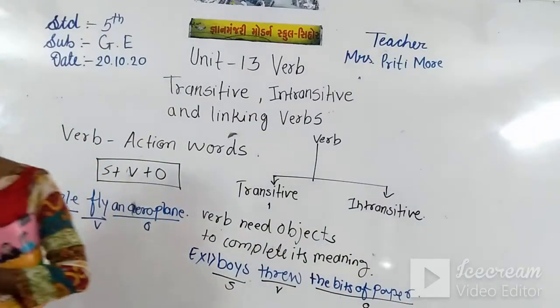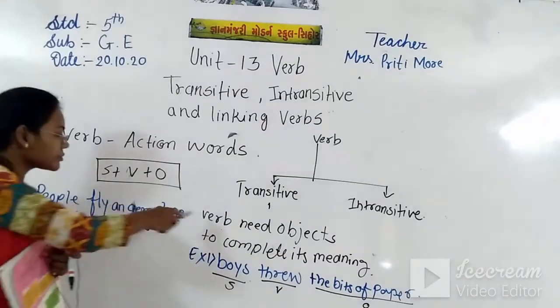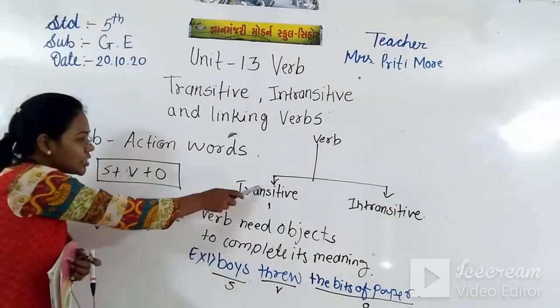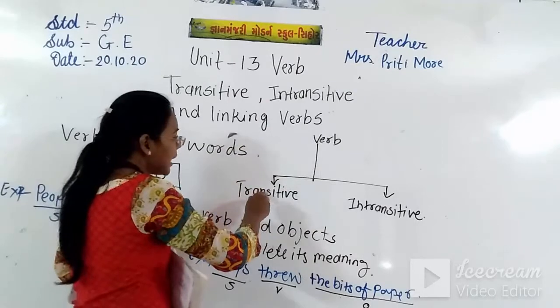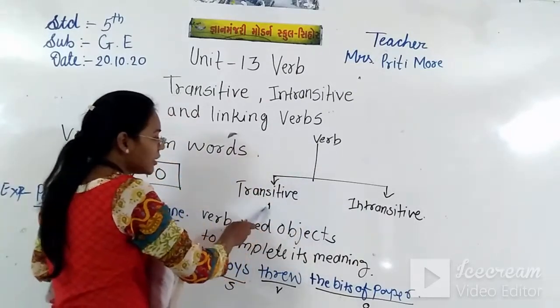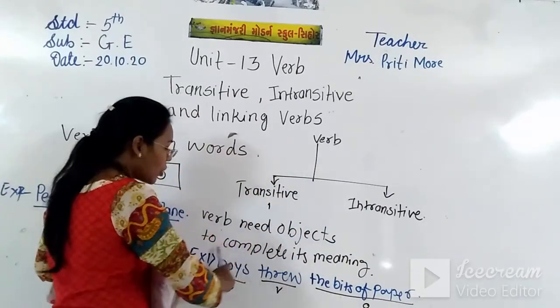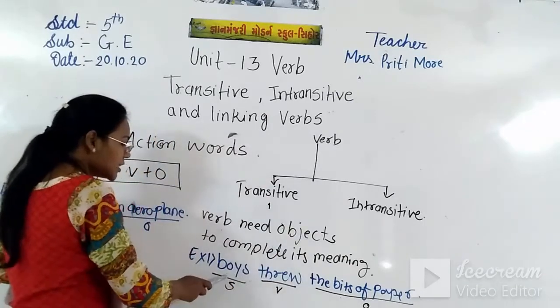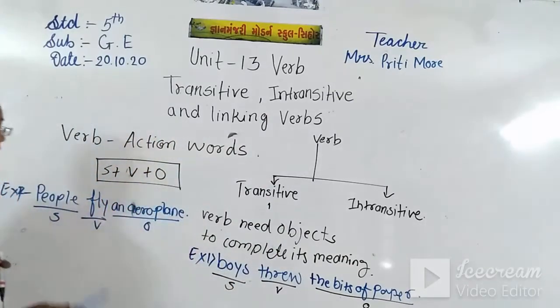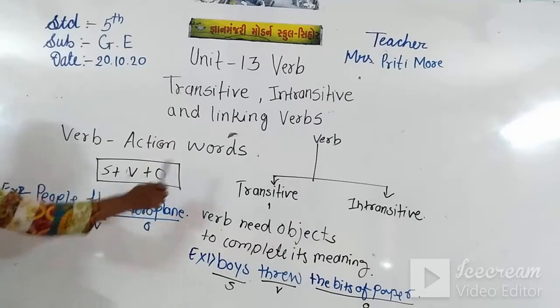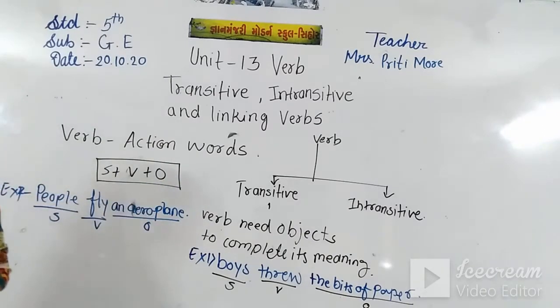First you complete this example in your notebook. First you write here: verb, transitive, intransitive, and a transitive verb needs an object to complete its meaning. This is example one and this is example two of the transitive verb.